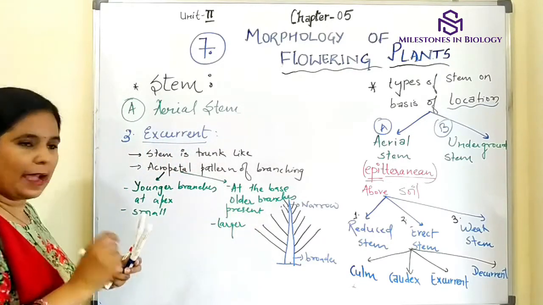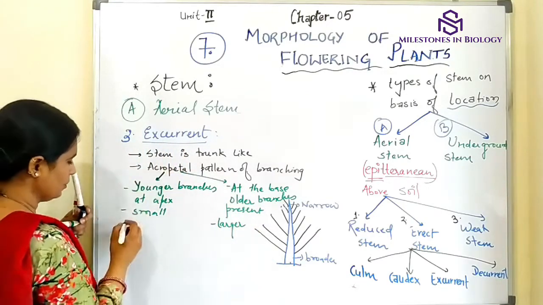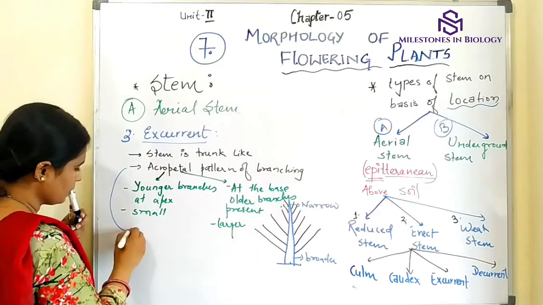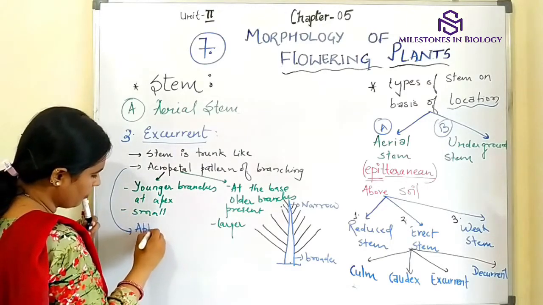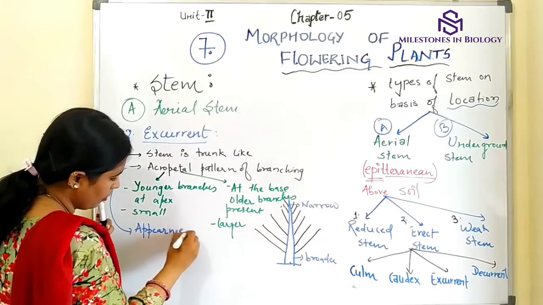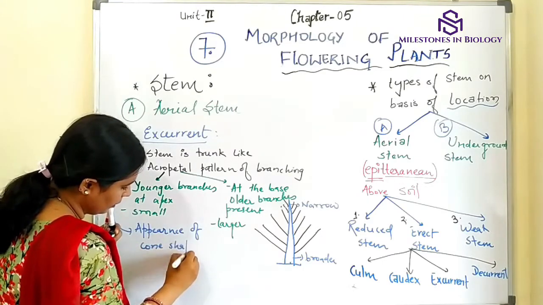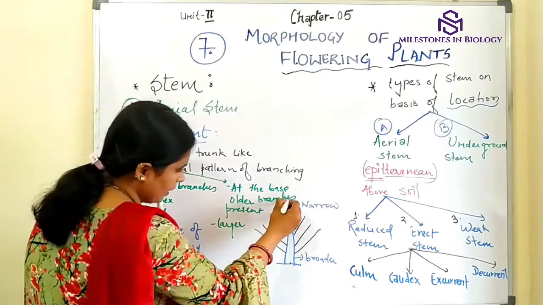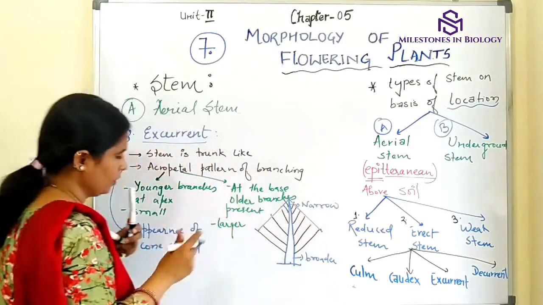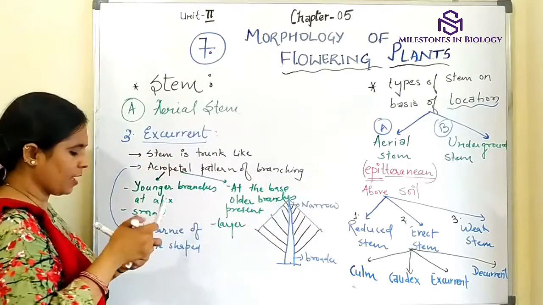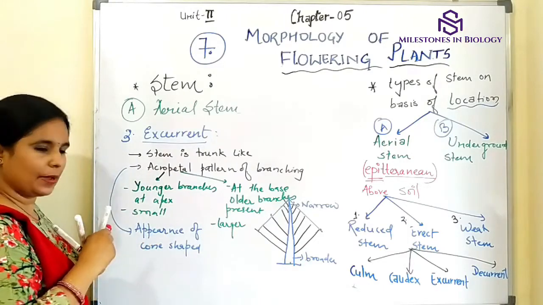This is called the acropetal manner. Because of this, it gives a cone-shaped appearance. If you look, it will look like a cone.